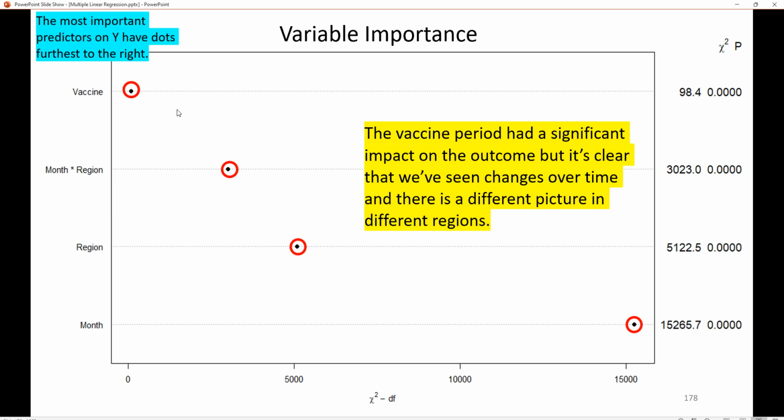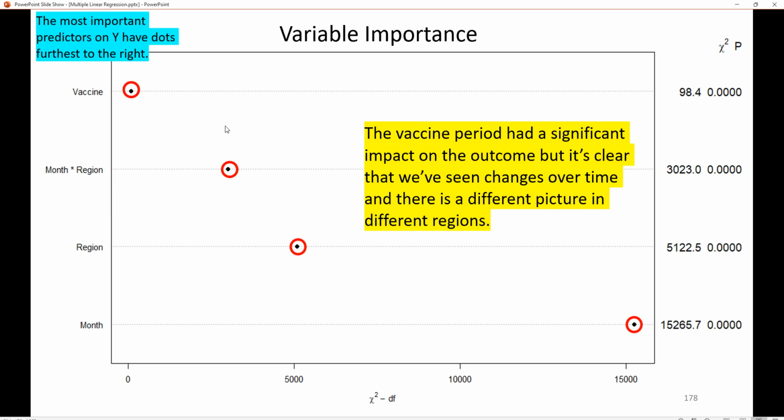So the vaccine at the very top shows that it's a very significant predictor. On the far right, we see that p-value, and that's the probability of being wrong about our assumption that we're actually seeing something in our data. And we see that probability is very, very low. It's lower than 0.000.